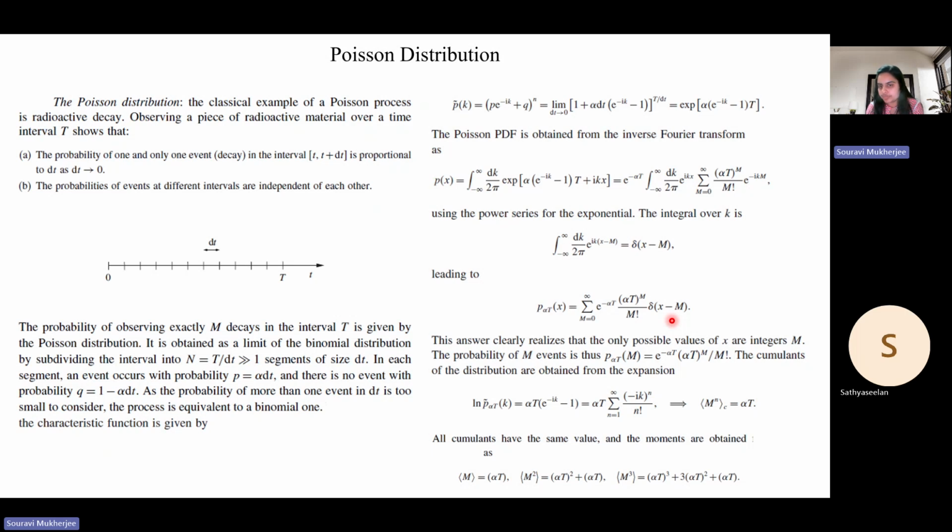For other cases, your probability density function becomes 0. So you can say that the probability of m events is written by this term here. Alpha T, where alpha is again the probability of occurrence of the events, and m tells us how many events we are talking about. And this is the typical form of the Poisson distribution.